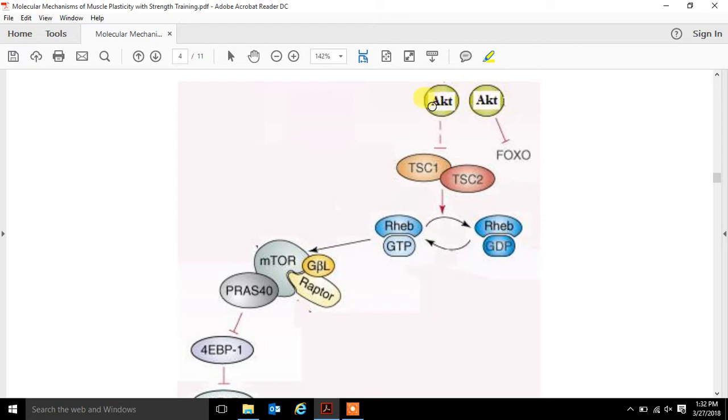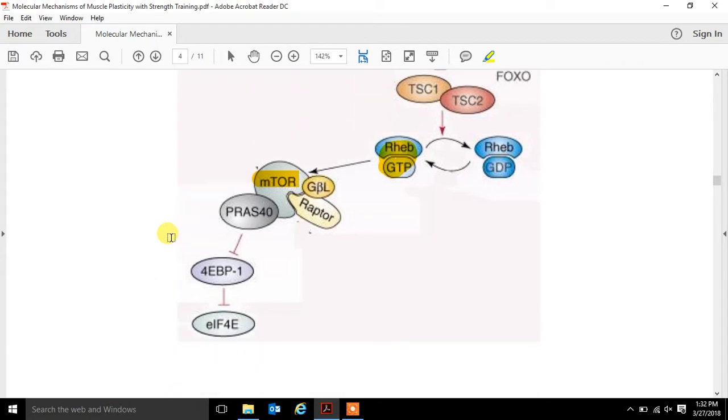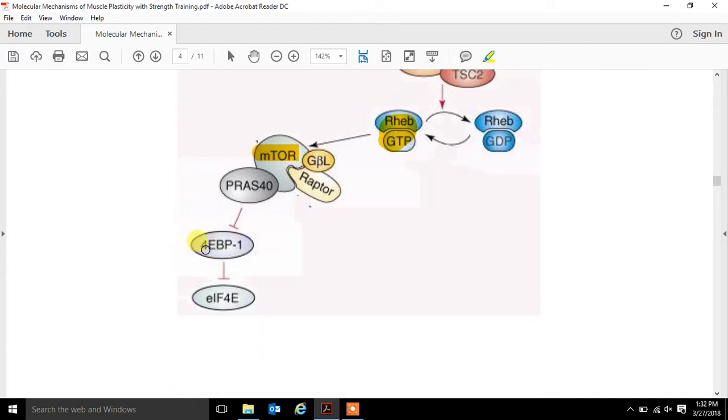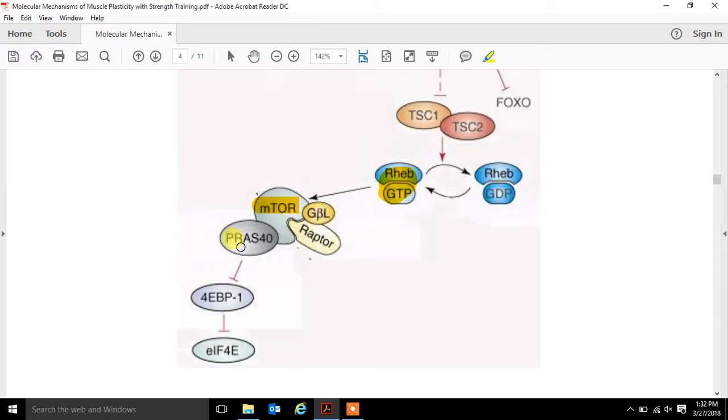When it gets activated, it comes in here, inhibits the bully from being a bully, and allows Rheb to be in its active state, which then activates mTOR, which initiates this sequence of events we'll talk about next, the initiation and elongation steps.